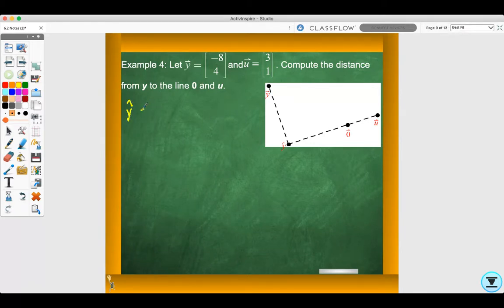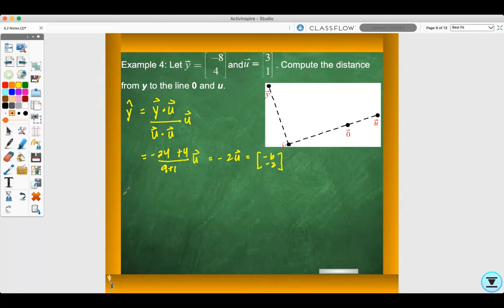So y hat equals y dot u all over u dot u times u. So I'd have negative 24 plus 4 all over 9 plus 1 times u, which equals negative 2u, which would then be negative 6, negative 2.